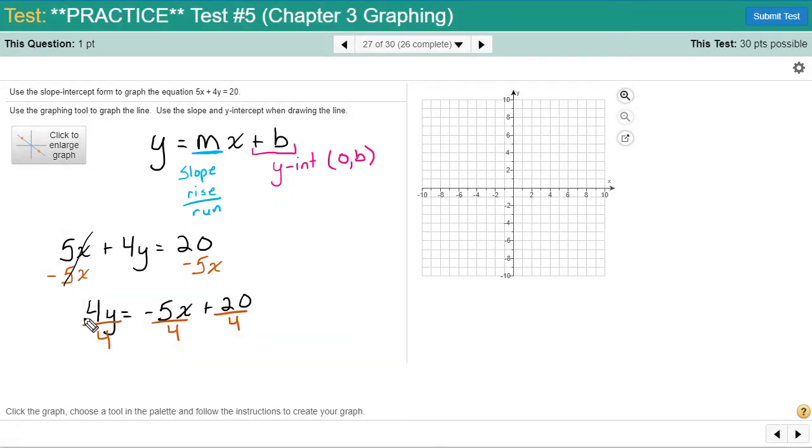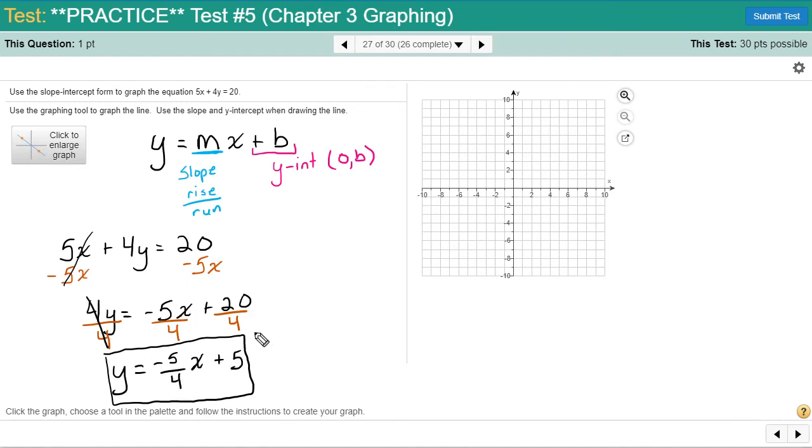And last but not least, to isolate that y, we'll simply divide each term in the equation by that coefficient. So 4 divided by 4 on the left-hand side is now gone. We end up with y is equal to negative 5 over 4x, and 20 divided by 4 gives us a nice integer, positive 5. So this is now the equation where we can quickly identify the slope and y-intercept because now we're in slope-intercept form.